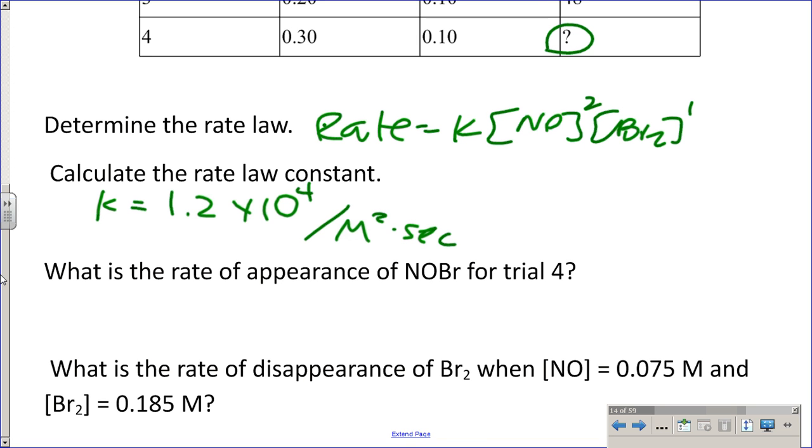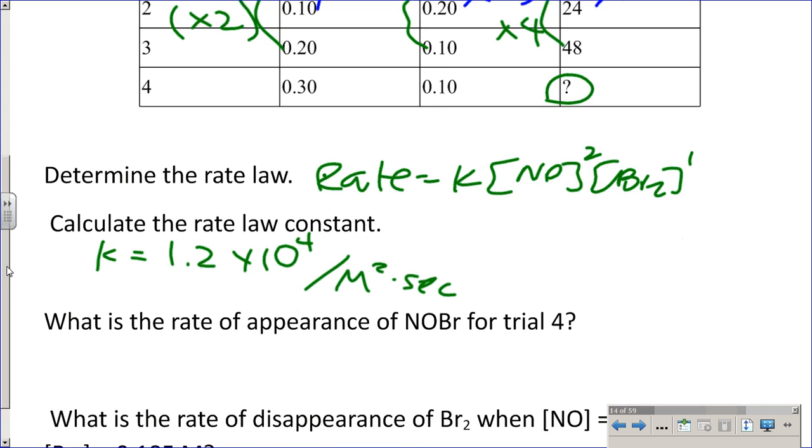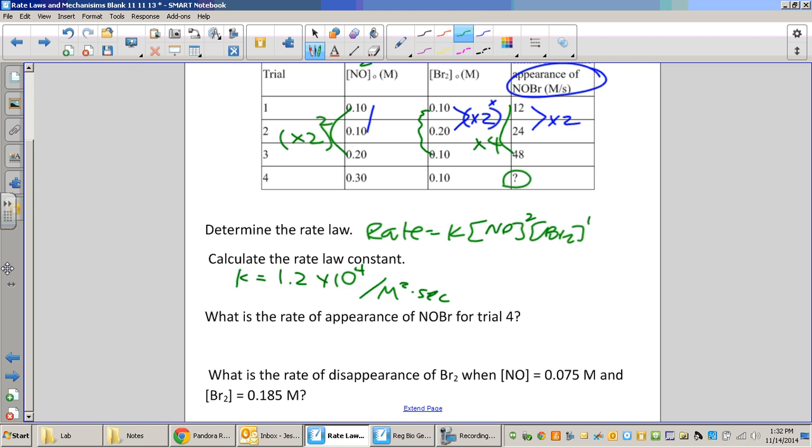Rate of appearance for NOBr in trial 4, all you would be doing is plugging in the values of the concentrations with your K value to find the unknown right here. Okay, good with that? Yep. So you'd be plugging into your rate law the value of NO and the value of Br2 and your rate law constant.